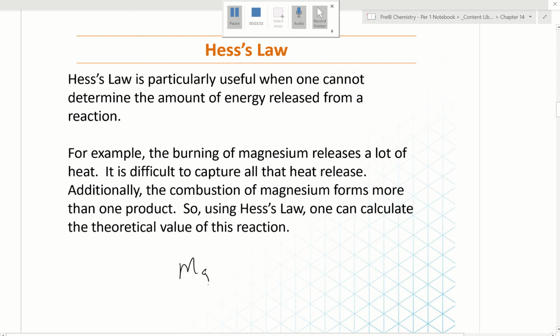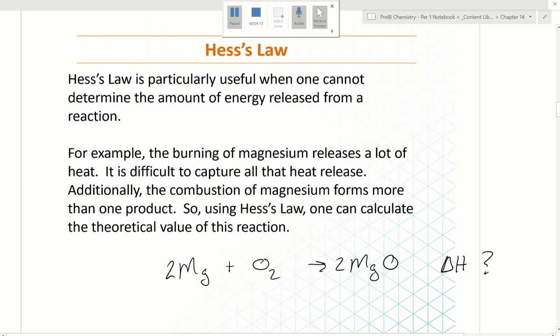That's Mg plus O2 yielding MgO. And so I have to balance that. That is a really hard reaction to say, well, how much enthalpy, change in energy, is released? Well, that's a good question.